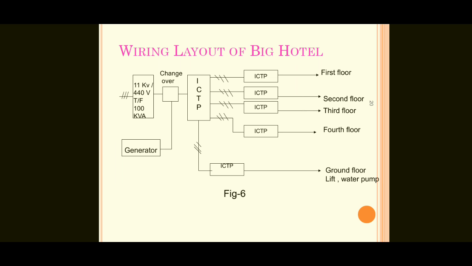Wiring layout of a big hotel. Now this is the wiring layout of a big hotel. Total 4 floors are present. In each floor, place one ICTP. The voltage is stepped down from 11 kV to 440 volt.